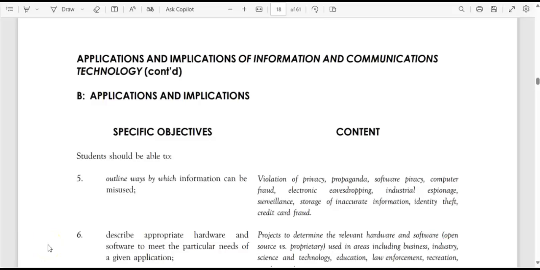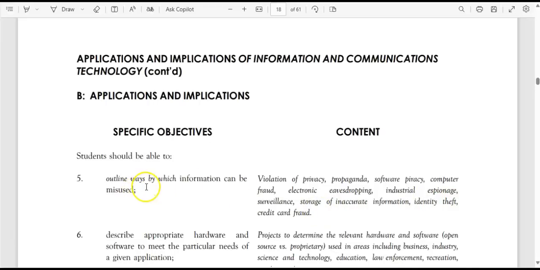Now, we're going to outline ways by which information can be misused. If you get a question asking about ways that information can be misused, the syllabus expects us to write about violation of privacy, propaganda, software piracy, computer fraud, electronic eavesdropping, industrial espionage, surveillance, storage of inaccurate information, identity theft, credit card fraud.